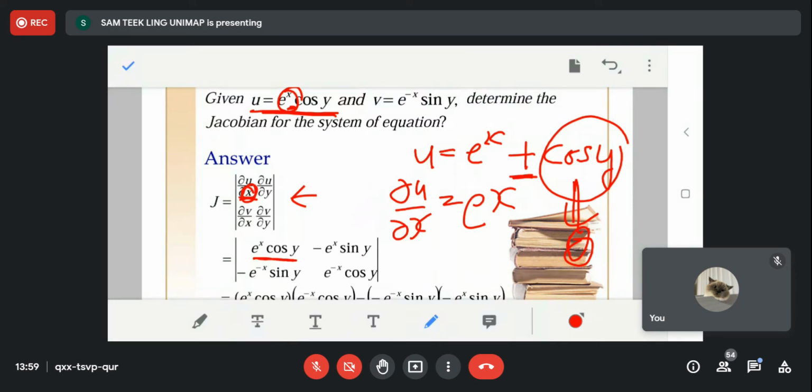So please, when you read your question, be careful. Don't give me cos y directly there, and don't give me 0, that one is wrong. Because for this question, you differentiate x only, exponential x, then the other variable becomes constant. This is the basic differentiation.